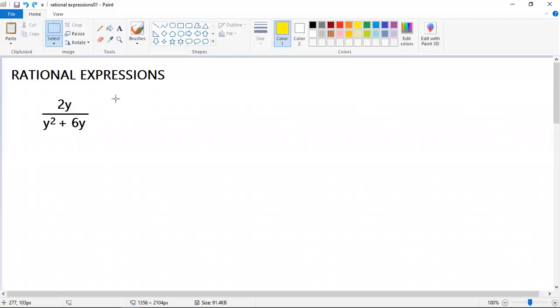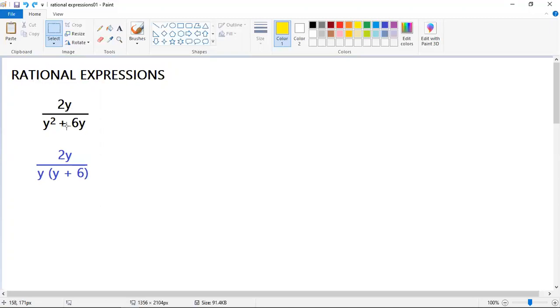2y over y squared plus 6y. We need to cancel out variables and numbers that we can divide if they are common. In this case, we need to factor so that we can see which numbers and variables are common. 2y cannot be factored, so it remains 2y.